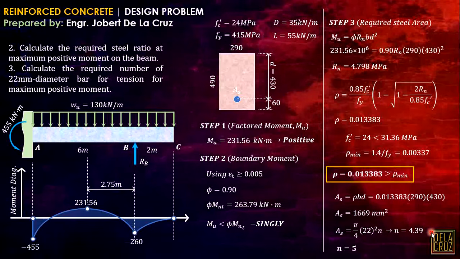Again, N is 5. Now, as you can see, our answer is the same as with 0.004, right? So there are only slight changes in our answer in design. In terms of number of bars, they are almost the same. So, let us not make it hard by using 0.004. Well, I only showed that for the purpose of illustration, to differentiate the two. Okay?